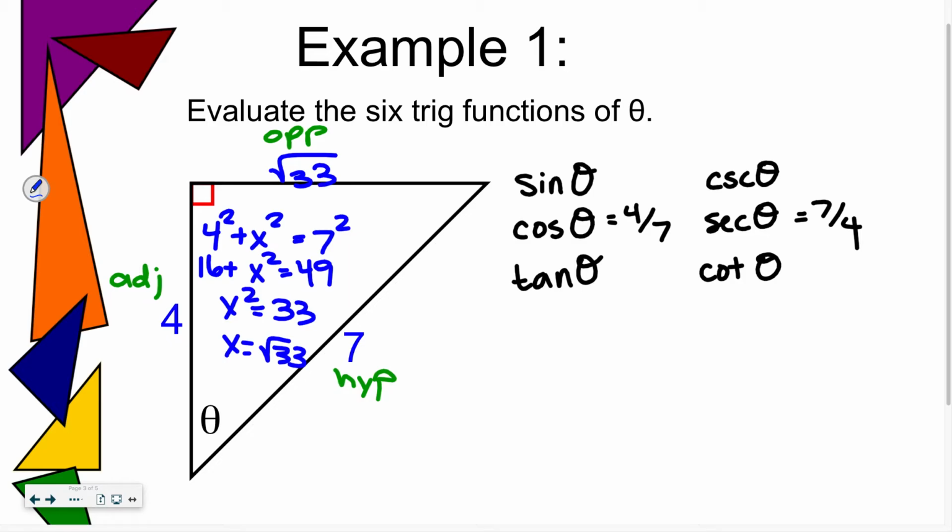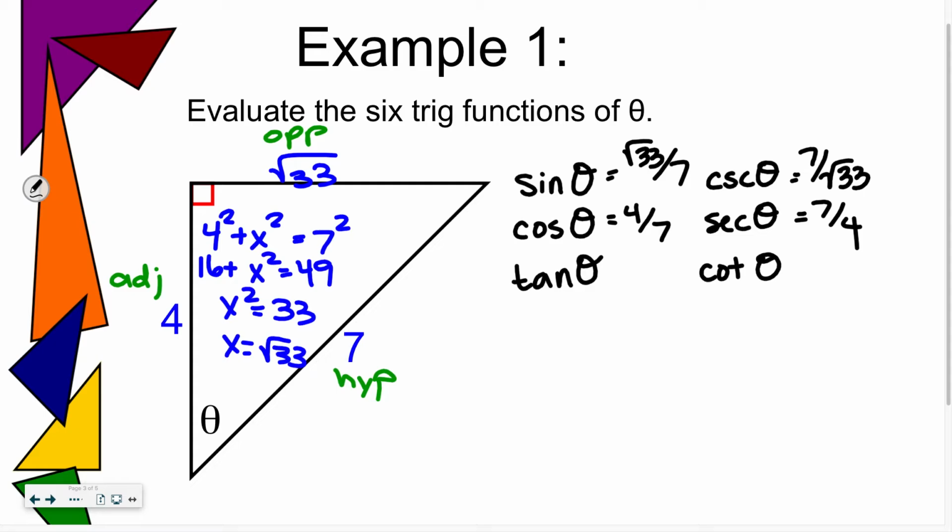Now I can do opposite over hypotenuse for my sine. That's going to be square root 33 over 7. Then I automatically know what my cosecant is. Just flip this one: 7 over square root 33.